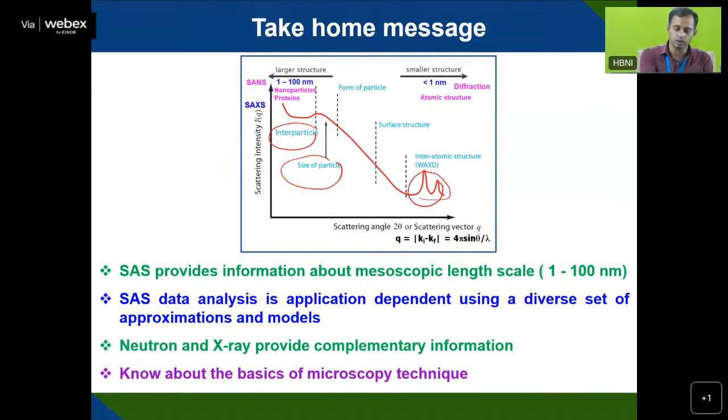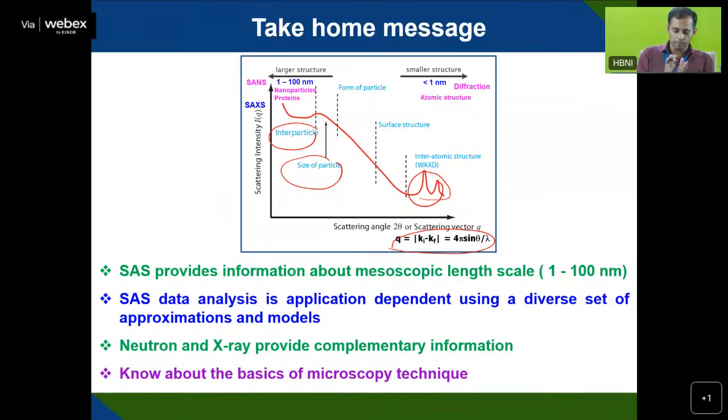However, if you want to see a larger structure, you have to go to a very small angle, 2 to 10 degrees, because larger structures are mostly scattered at small angle, depending on the q vector. So you will be able to see large structure information by using small angle neutron scattering.